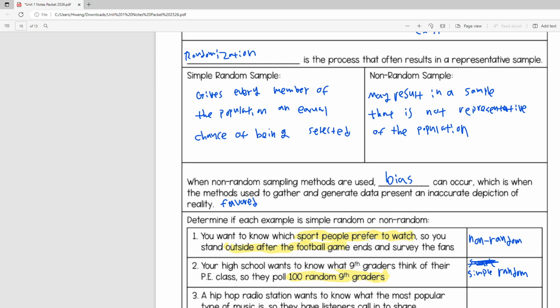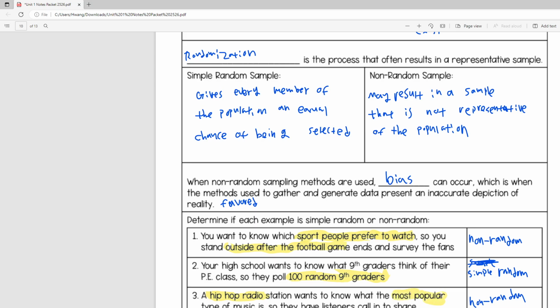What about the third one? A hip hop radio station wants to know what the most popular type of music is, so they have listeners call in to share. This is non-random, and I'll tell you why. This hip hop radio station, a radio station that mostly broadcasts hip hop music, wants to know the most popular type of music.